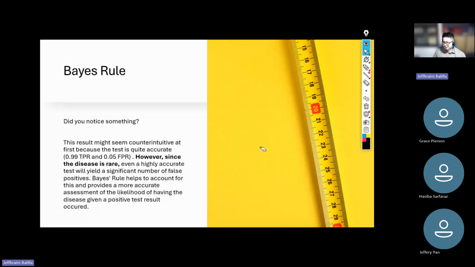However, since the disease is rare, even a highly accurate test will yield a significant number of false positives. And it's very likely to do that, right? If the disease is really rare, then it is likely for that test to yield a number of false positives.